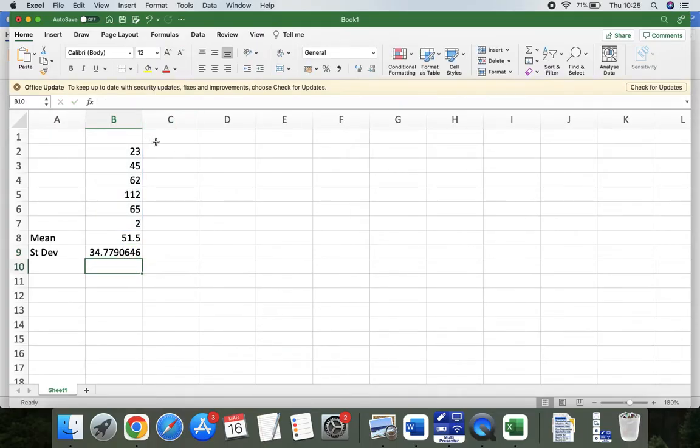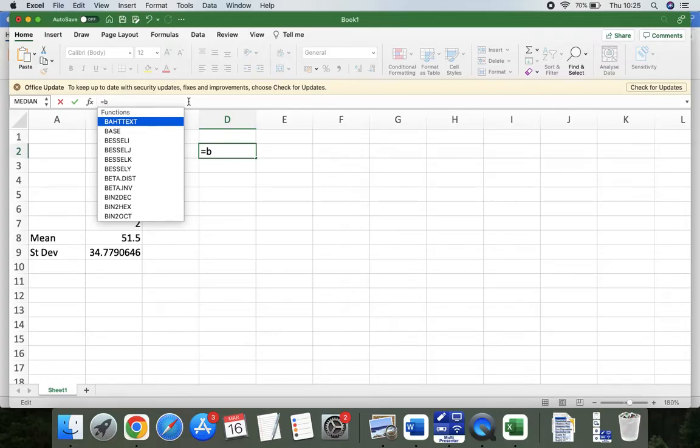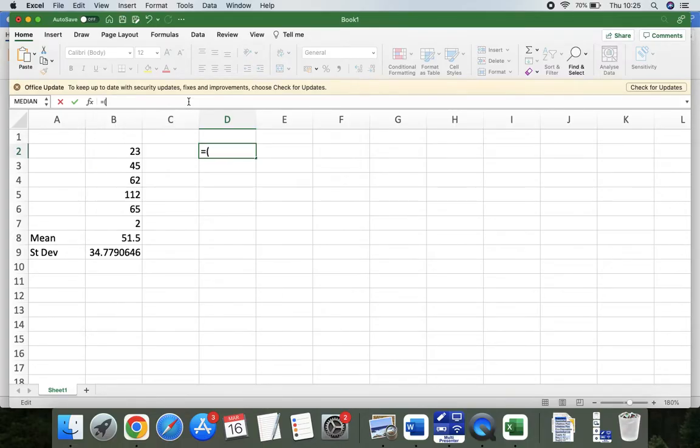Got it? So let's transform this according to normalization. Okay. So what was the formula? First you want to input the original value, which right now is in B2. You would want to subtract the minimum. So what is the minimum here? 2. So I will just hard code it, for example, 2.